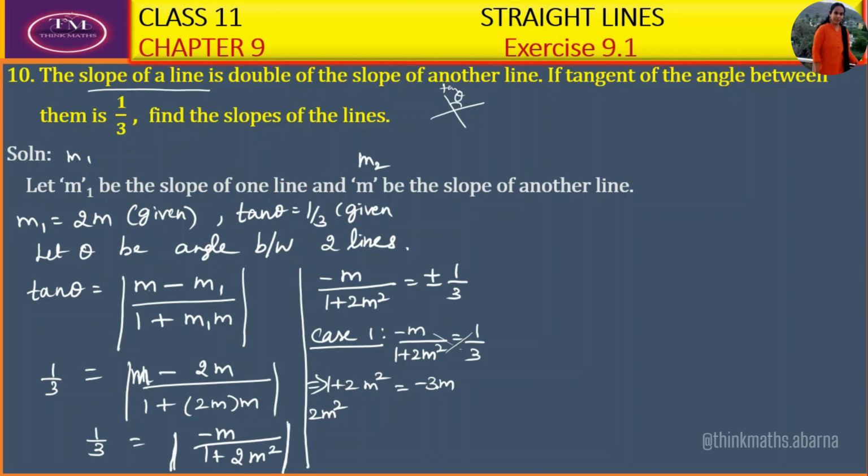If we take minus 3m to the other side, it will become plus 3m. This one is here. So this is the equation. Now we have to find the value of m. We will use the quadratic formula, minus b plus or minus square root of b square minus 4ac. What is a? It is 2 and c is 1.